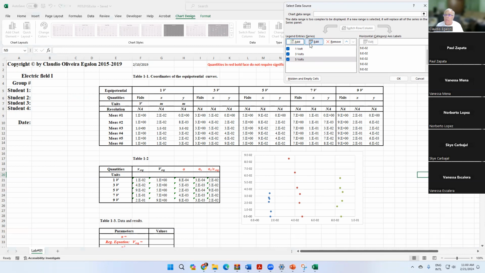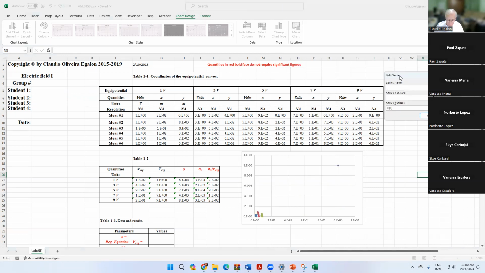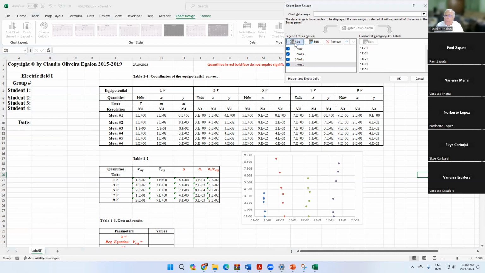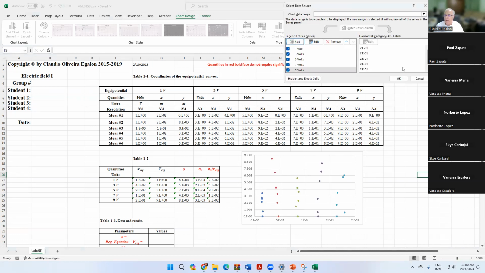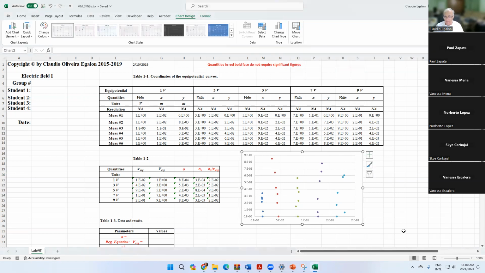And let me finish 7 volts. 7 volts, X value, Y value, click OK. 9 volts, X value, Y value, and then you can click OK. You have almost done, you're not completely done, there is a little bit more that you have to do, okay?